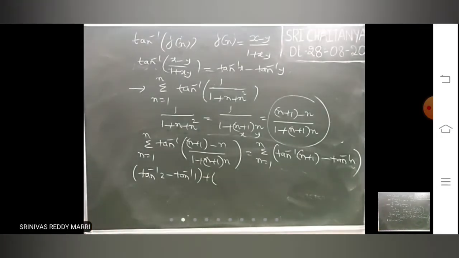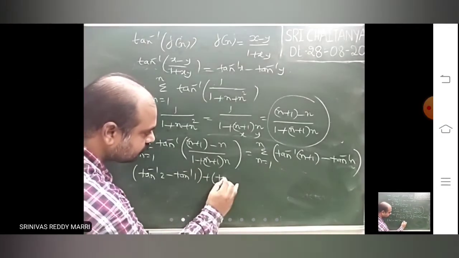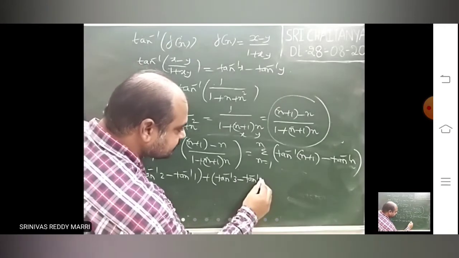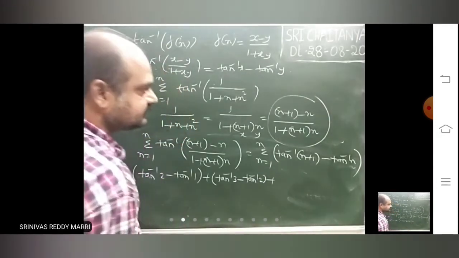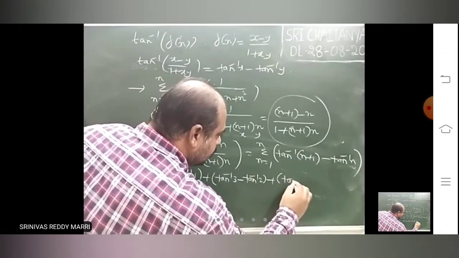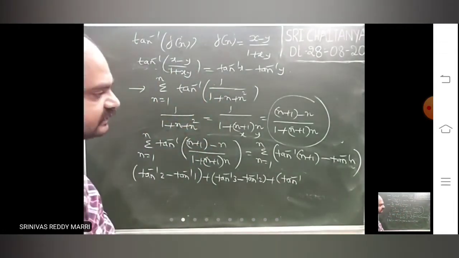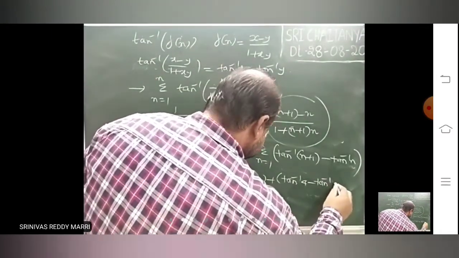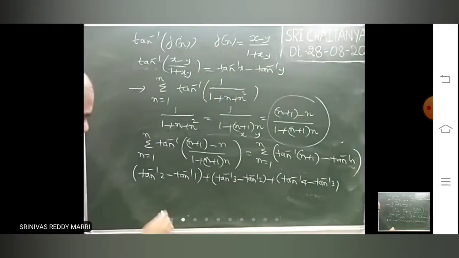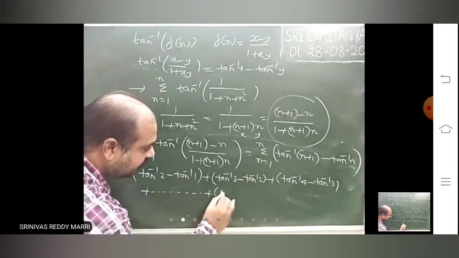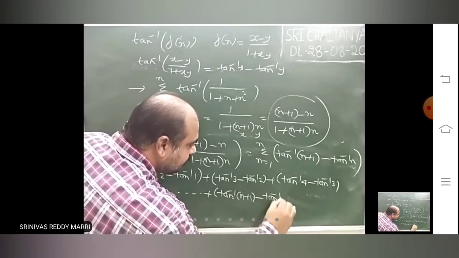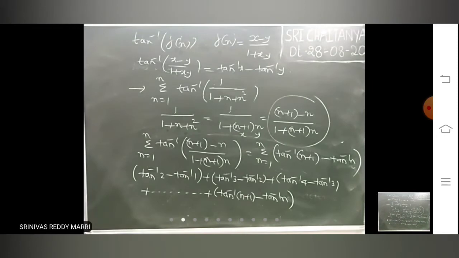Next n equal to 2: tan inverse 3 minus tan inverse 2, plus n equal to 3: tan inverse 4 minus tan inverse 3, and so on like that. Lastly, in place of n, you get tan inverse n plus 1 minus tan inverse n, like that, right?